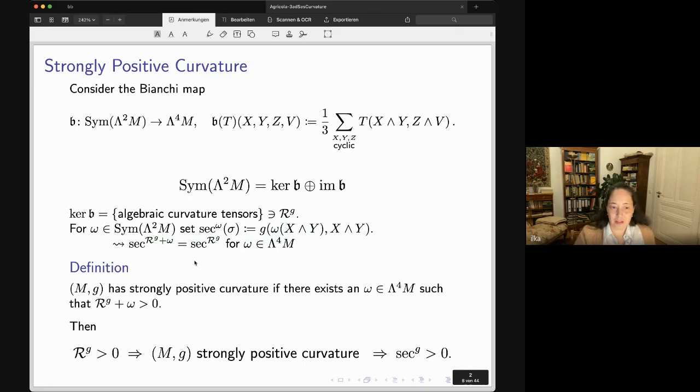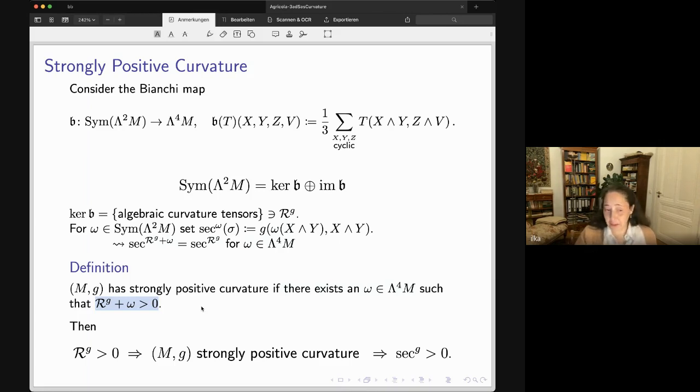So this led to the following definition, namely, given a Riemannian manifold, we say it has strongly positive curvature if there exists an omega, a four form, such that the combination R plus omega is a positive operator, right?